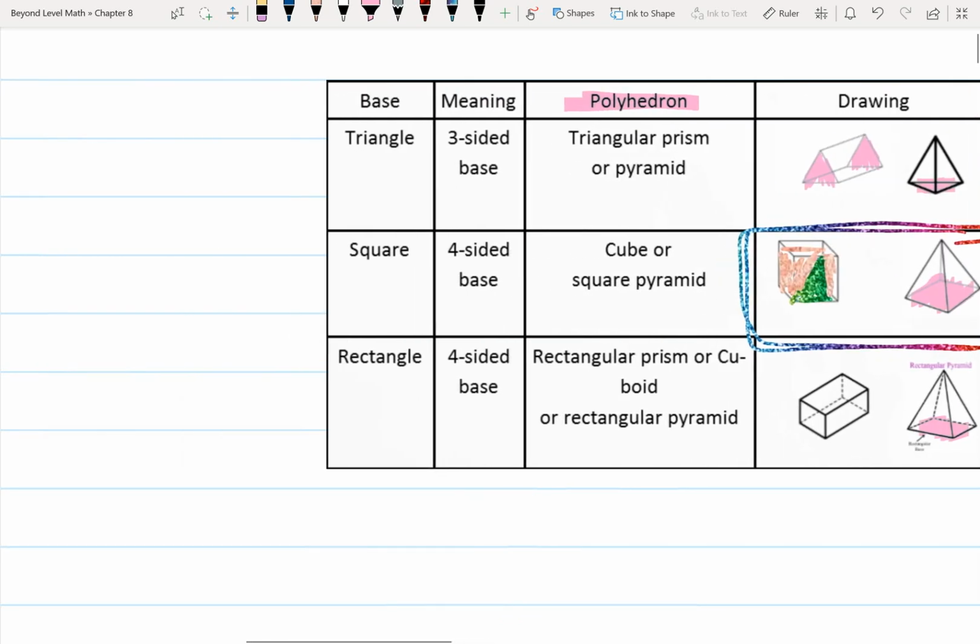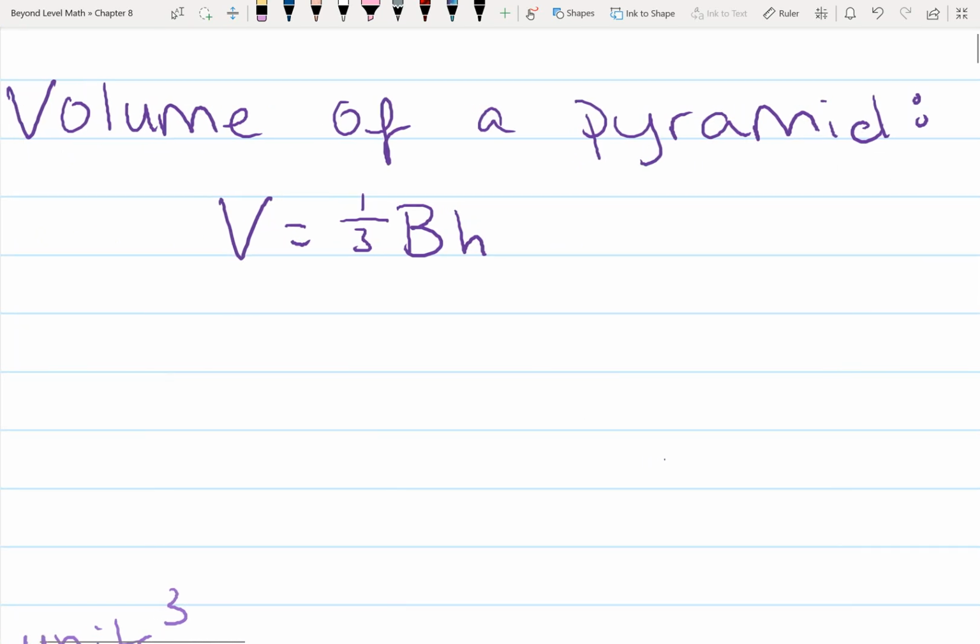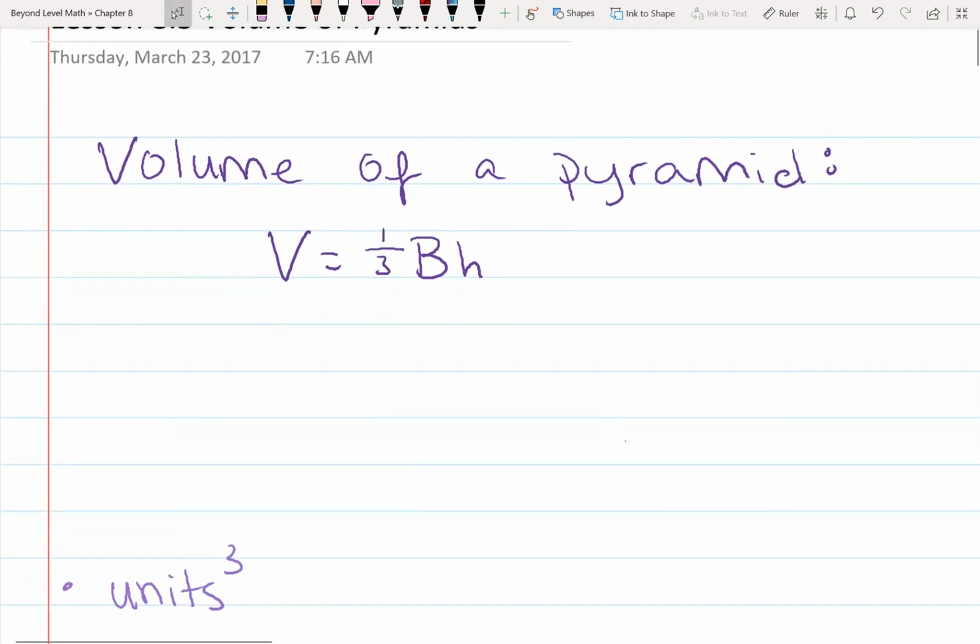Alrighty, let's scoot over. So we just talked about this. The formula for volume of a pyramid is V equals 1/3 capital B times h. Keep in mind it's super important that you have the capital V for volume, capital B, which means area of the base, and then lowercase h, which means height of the pyramid.